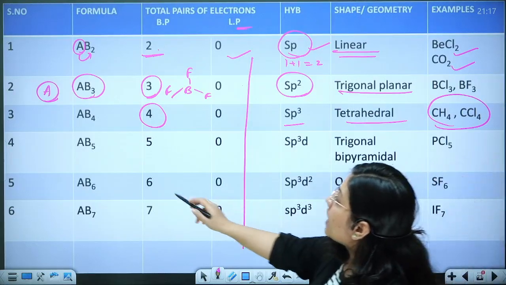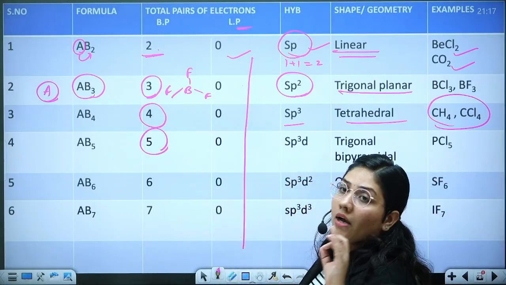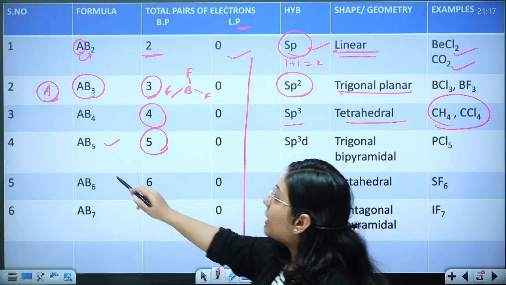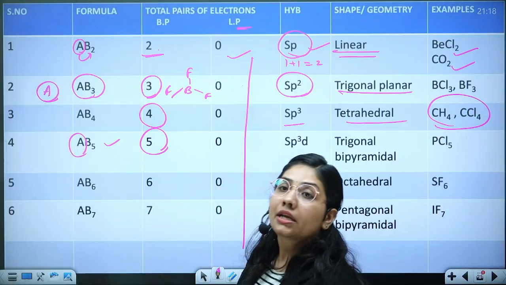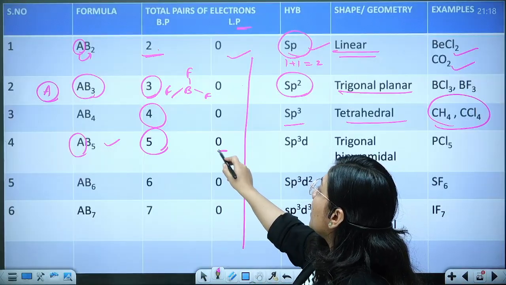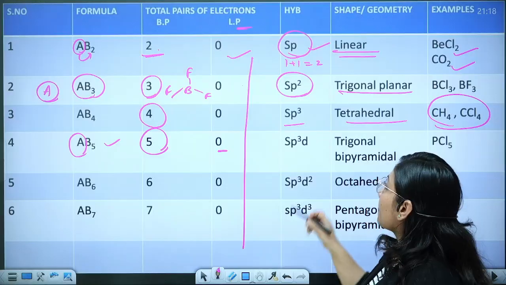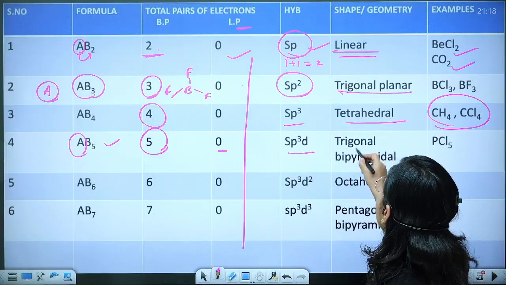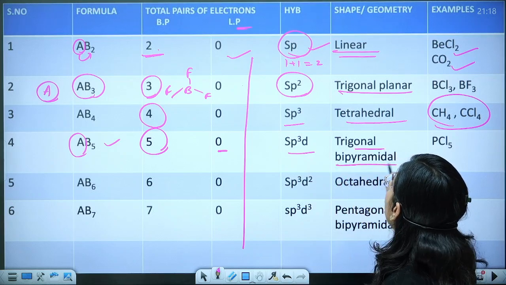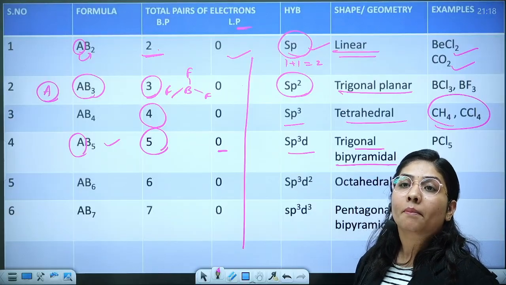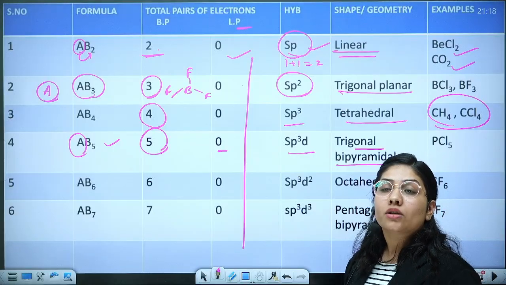Next is 5, a molecule having general formula AB5, where A is the central atom, B are the monovalents connected to it. Here lone pair 0, hybridization sp3d. It will give trigonal bipyramidal geometry.